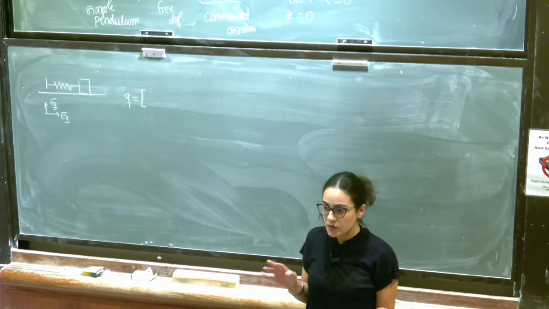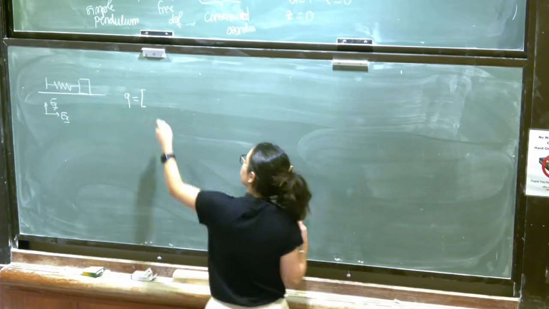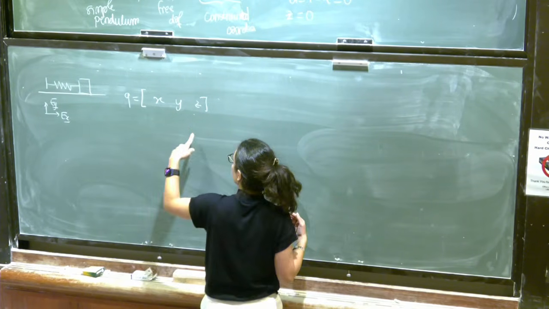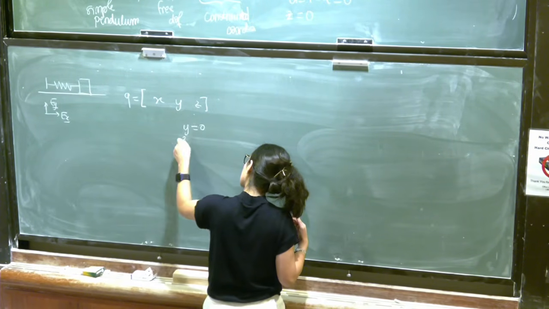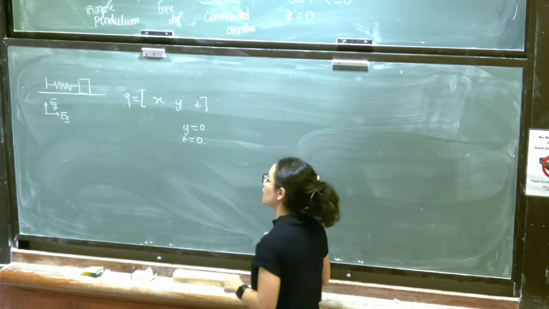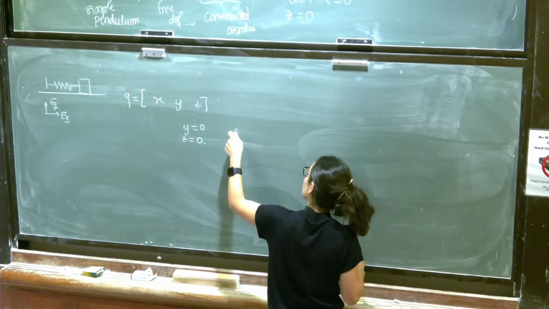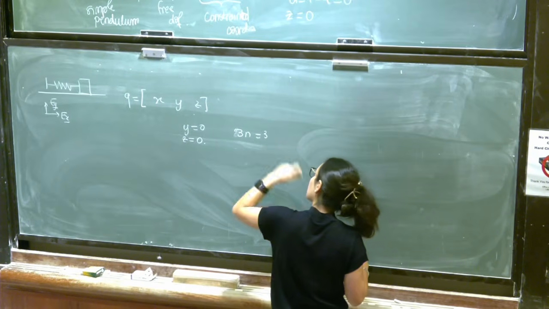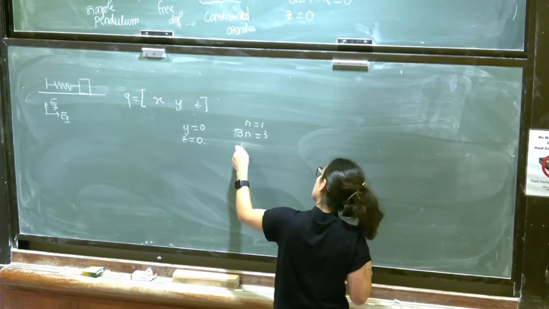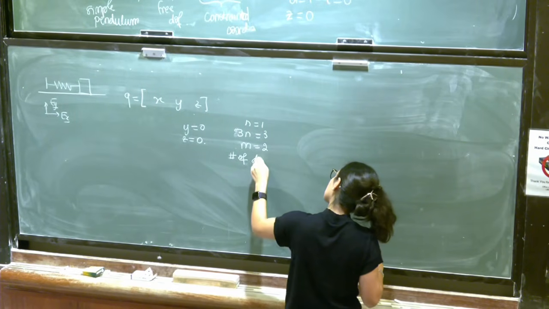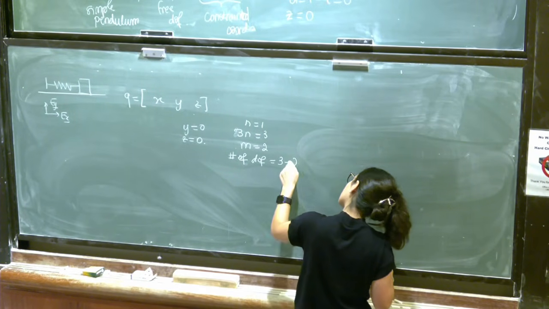I can just use x, y, and z, where x is the degree of freedom and the 2 constraints are y equals 0 and z equals 0. So 3n is 3 because n is 1 and m is 2. So the number of degrees of freedom is 3 minus 2, which is 1.